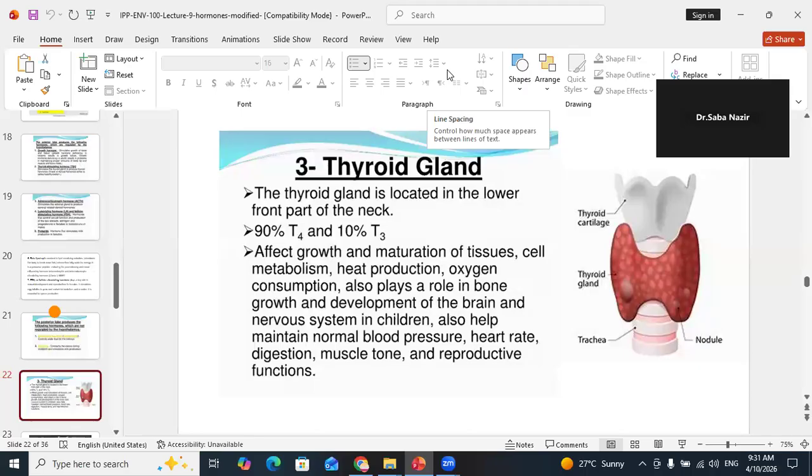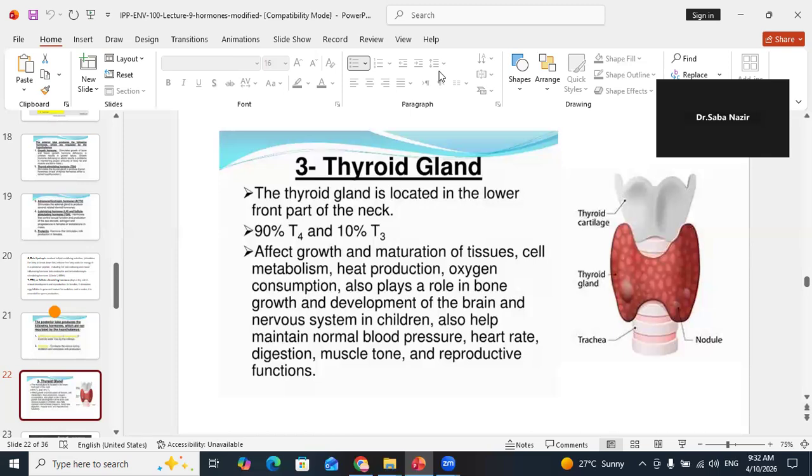Why? Because the process of respiration is stopped. The release of heat has been stopped. So the thyroid gland is linked with heat production and oxygen consumption, because when we are consuming oxygen, we are performing respiration and releasing heat energy, which helps to maintain our body temperature. It also plays an important role in growth and development.